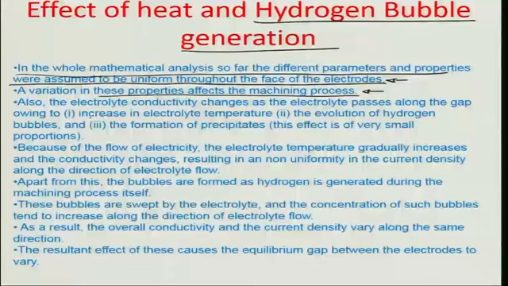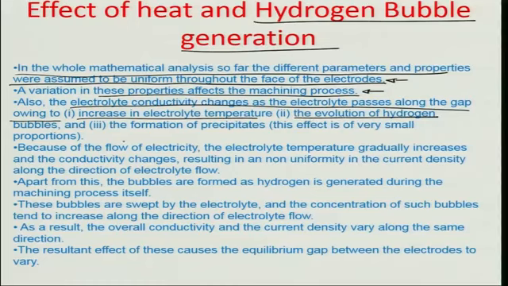So obviously there is going to be a gradient in the hydrogen concentration and a gradient in the conductivity. The electrolyte conductivity changes as the electrolyte passes along the gap owing to the increase in the electrolyte temperature, the evolution of hydrogen bubbles, and the formation of precipitates.